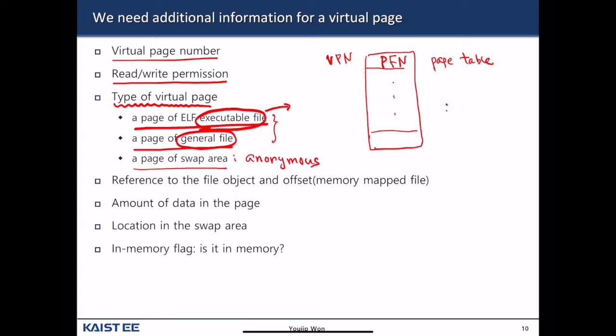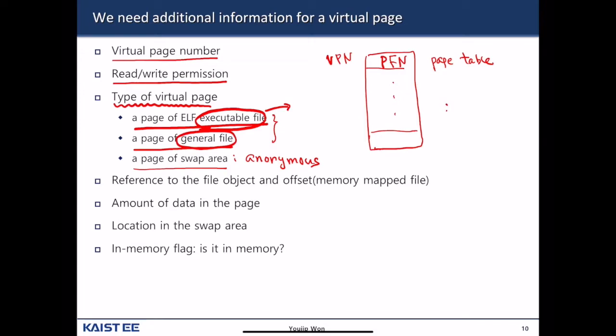So we have to differentiate the two in order to prohibit pages from the executable file from being modified. So we need a field for the type of virtual page.